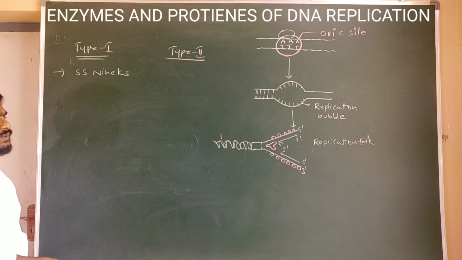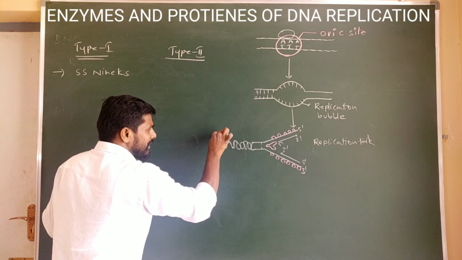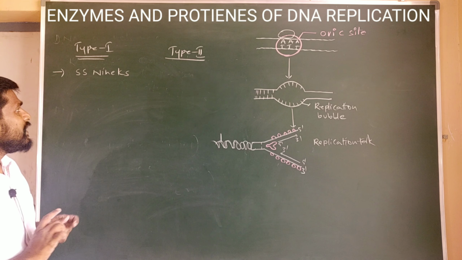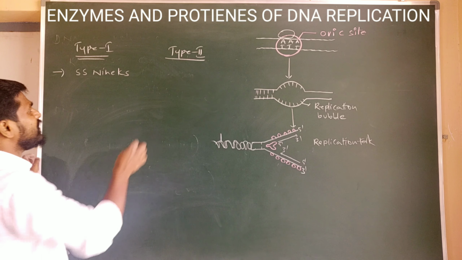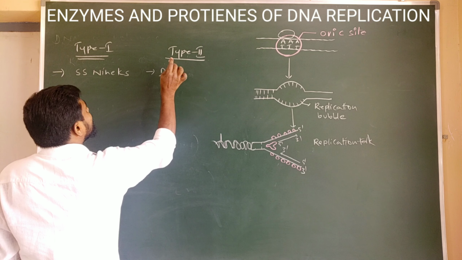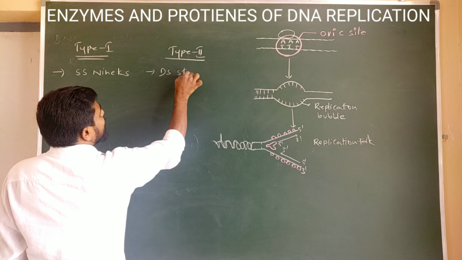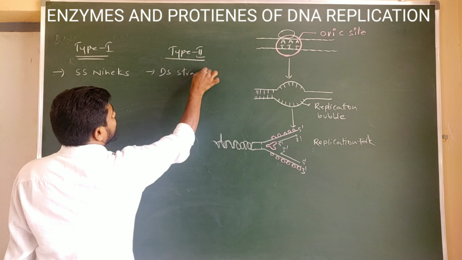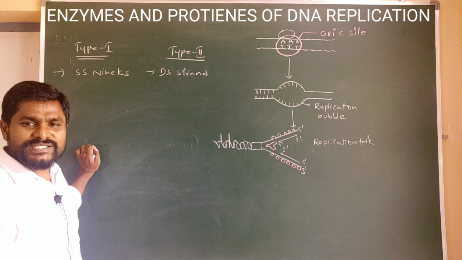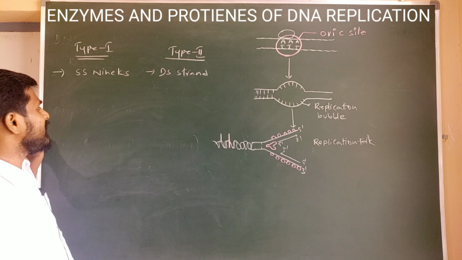Nothing but they cleave only a single strand of the double helical DNA. But type 2 topoisomerases form nicks and seal the nicks in double strands. Nothing but type 2 topoisomerases form nicks in both the strands of DNA and seal these nicks in both the strands of DNA.